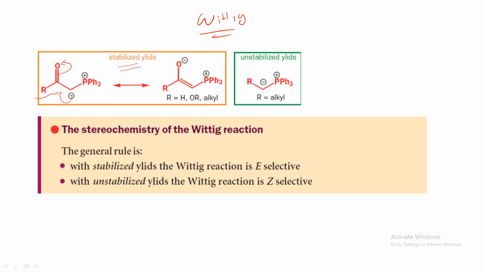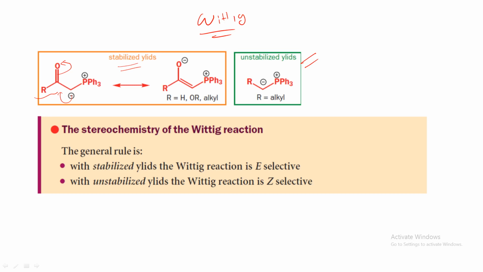And for the unstabilized ylide, you can see there are no stabilizing or electron withdrawing groups present. Normal alkyl groups are there which cannot stabilize this type of carbanion, so they are known as unstabilized ylides. These two types of ylides are pretty important for the reaction also.